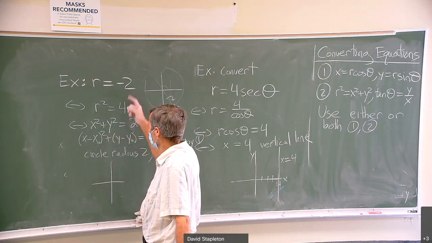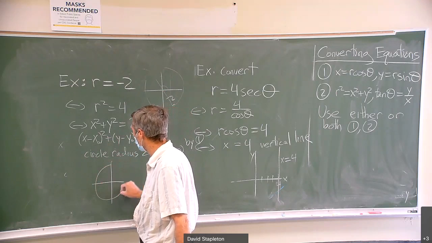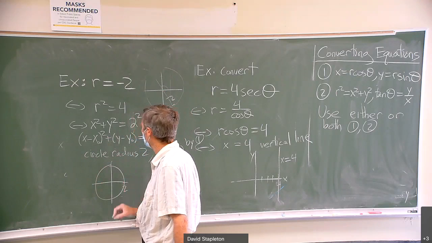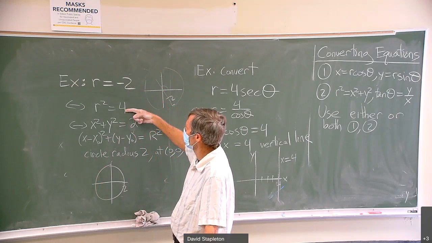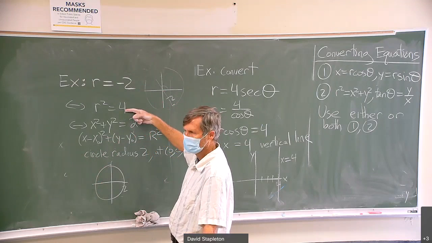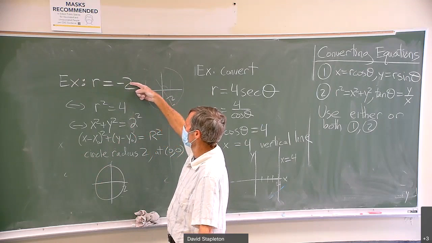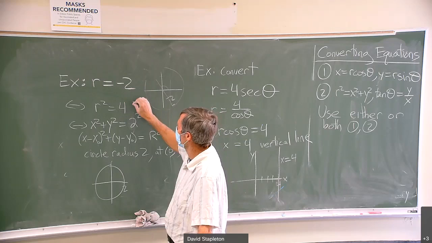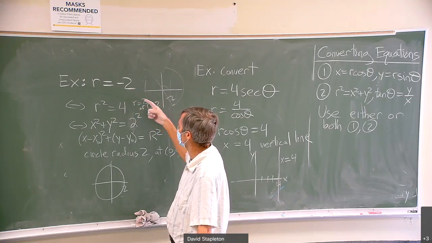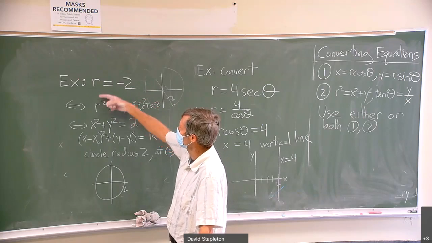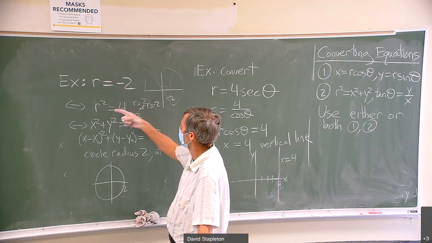So r equals 2 and r equals minus 2 are actually the same circle. And this justifies the squaring, because technically when I squared both sides of the equation, I got new solutions, r equals minus 2 instead of only the points before. R squared equals 4 means r might be 2 or r equals minus 2. And now I have both those solutions, but they're the same circle. So we say these are equivalent equations, even though there are new solutions with r positive.